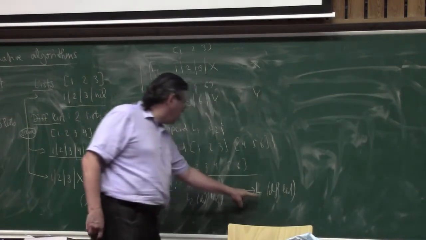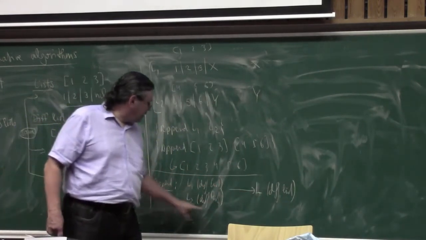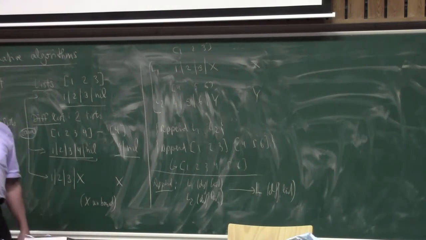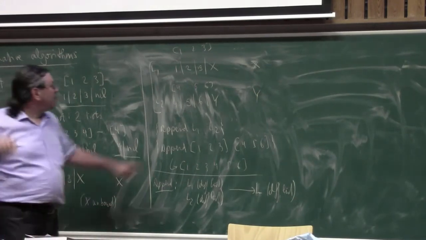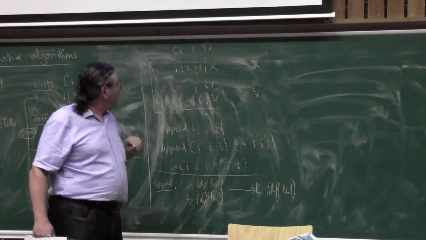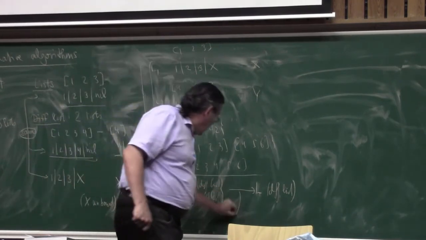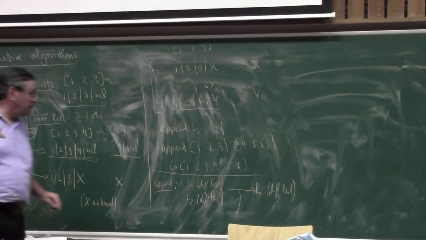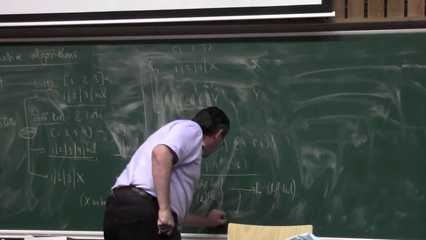So how can we compute L, the append of L1 and L2, as a difference list? It's constant time. If I bind x to 4, 5, 6, y, then I will immediately do the append.